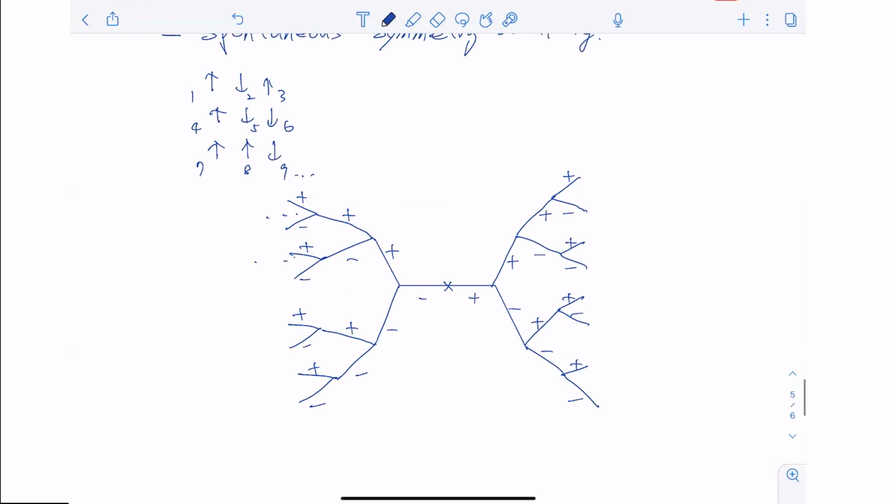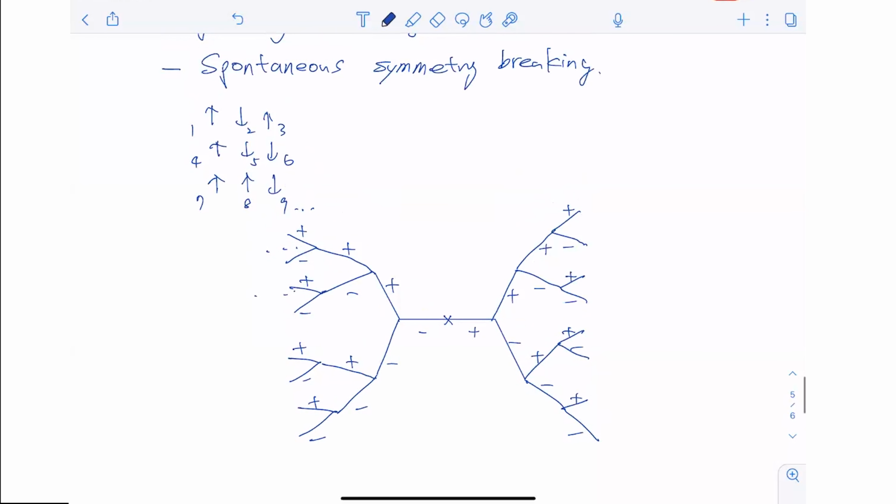For example, suppose we have only 4 spins. If I follow this path, it tells me the spin configuration of my first spin, my second spin, my third spin, and my fourth spin.